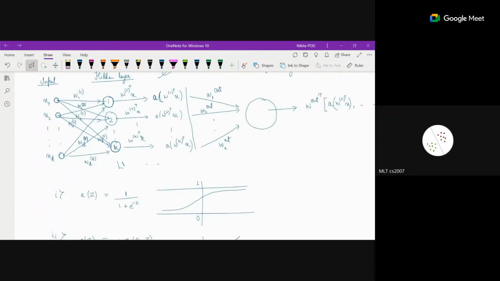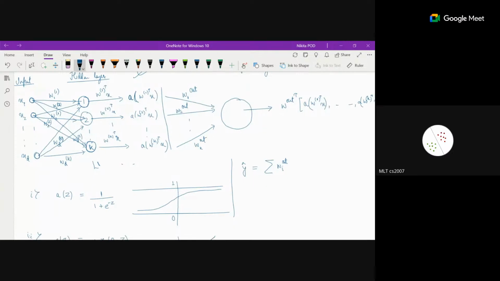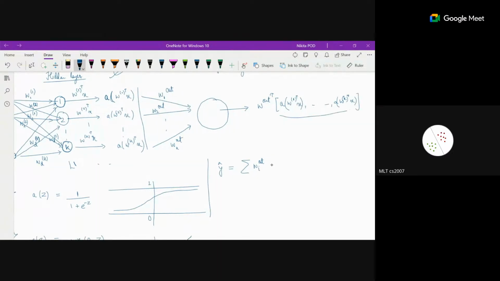The output that we'll expect from here will be y hat, which is just going to be the sum over your Wi out times this function, and this is just A of Wi transpose X, where i is varying from 1 to k. This is the output.